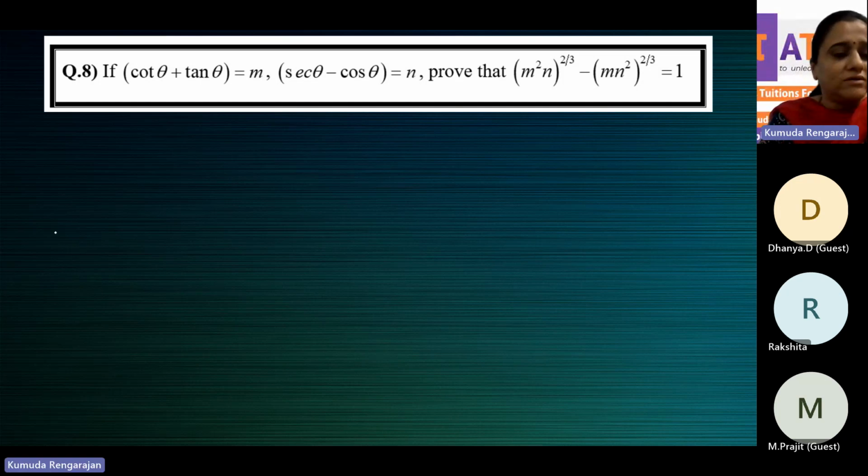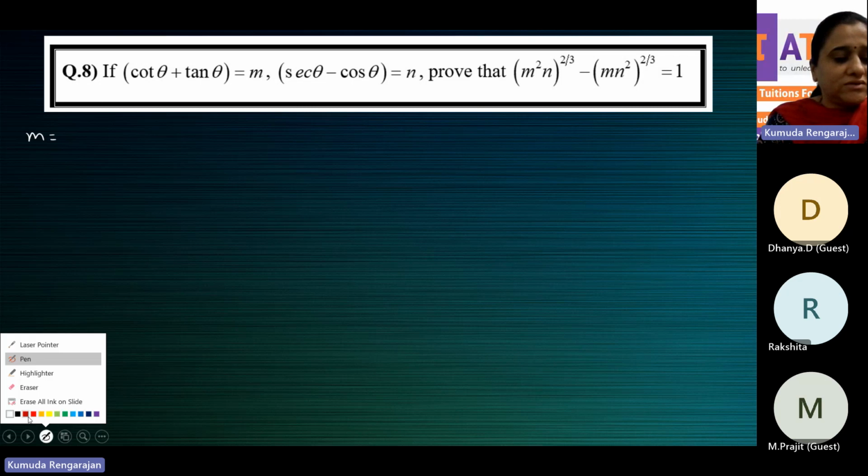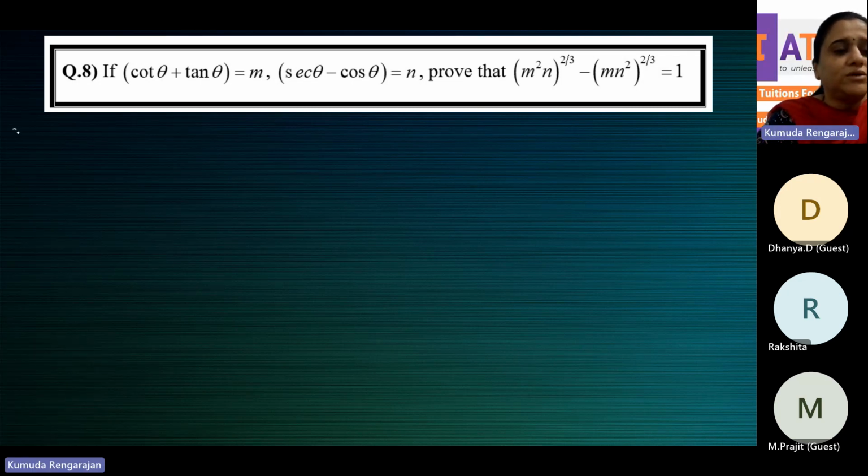So when they're not related like this, we'll first start by simplifying. Simplifying meaning, M is equal to what? Don't write, children. We'll listen first and then write. M is equal to cot theta plus tan theta. I'll change everything to sine and cos and show that you get the same thing.